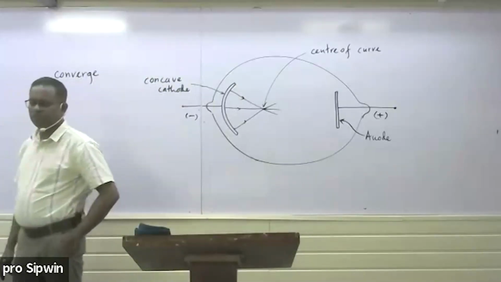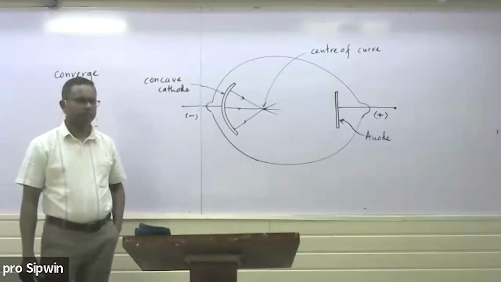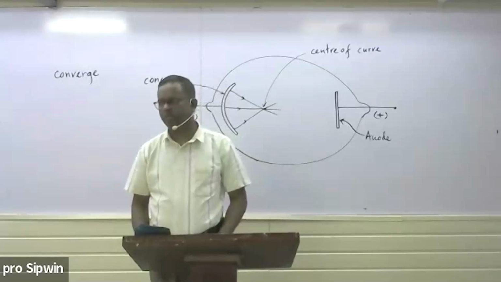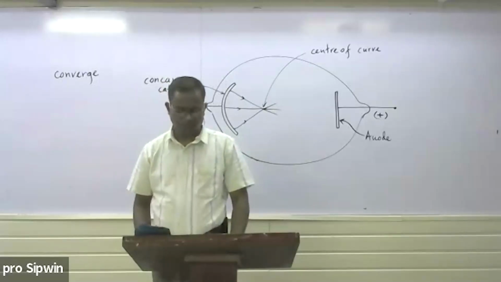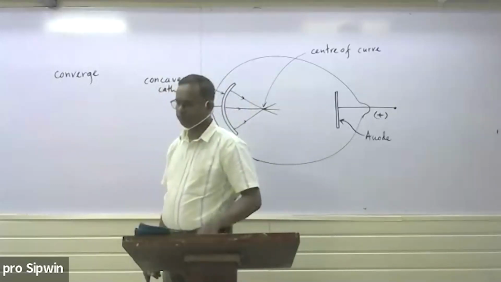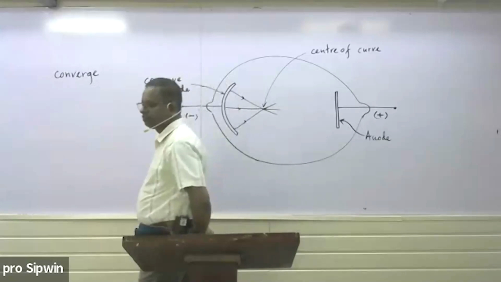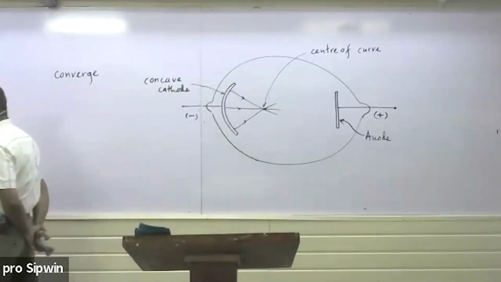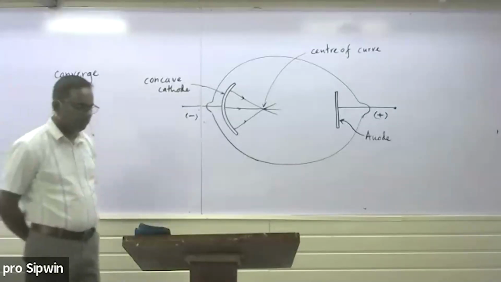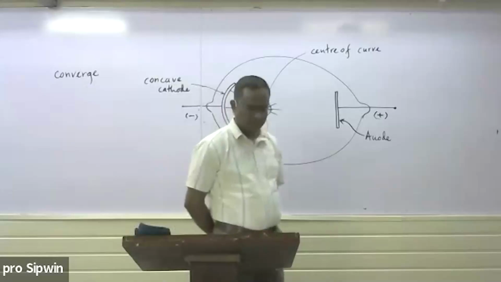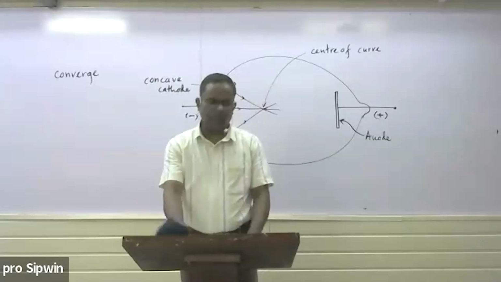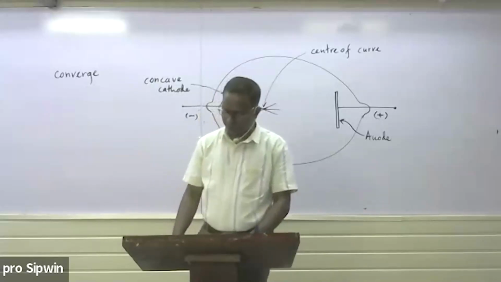Full stop. Therefore, cathode rays should release perpendicular to cathode surface.